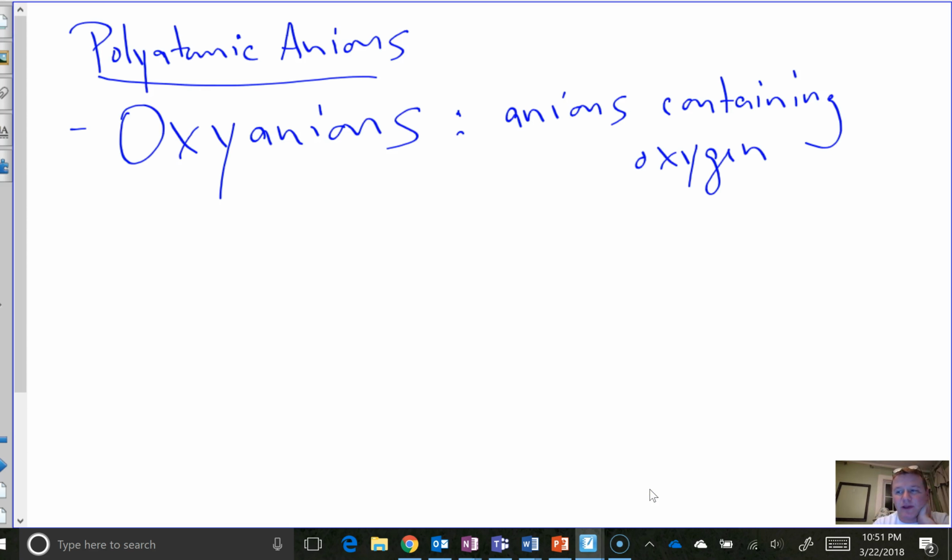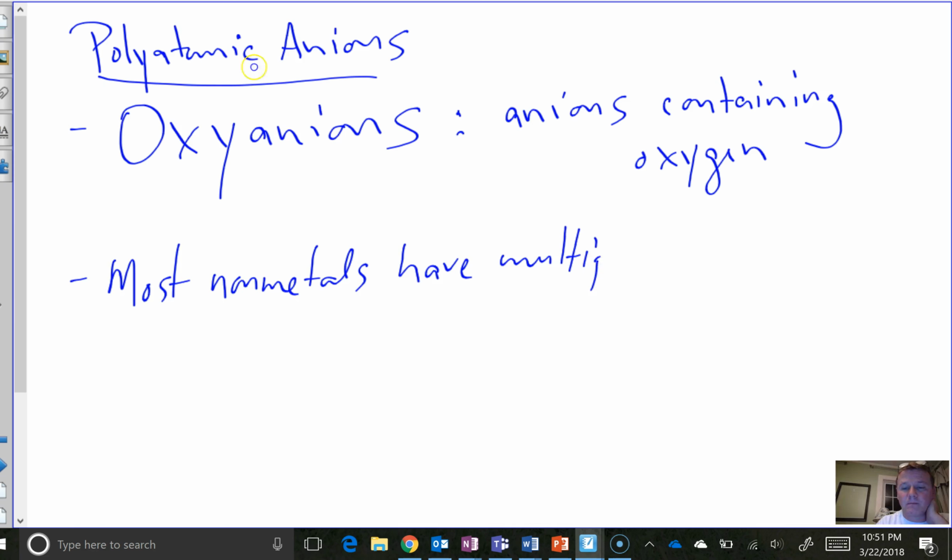What we encounter when we're dealing with oxyanions is that most of our nonmetals have multiple oxyanions associated with them.